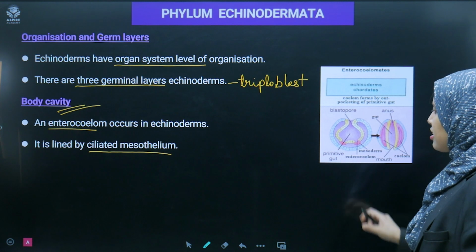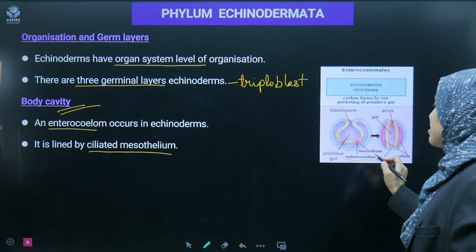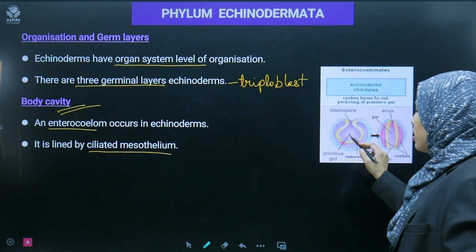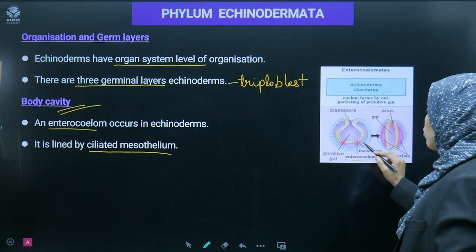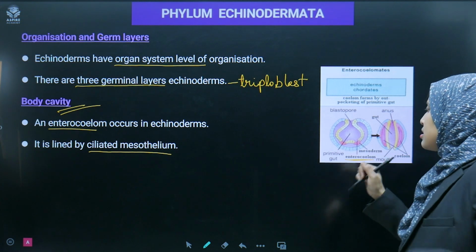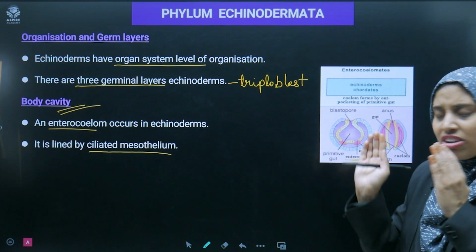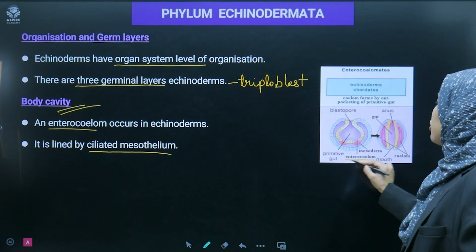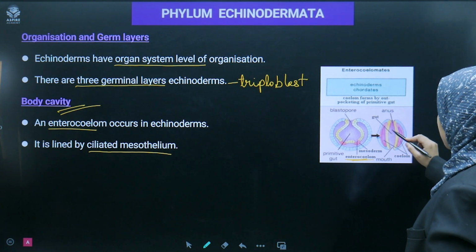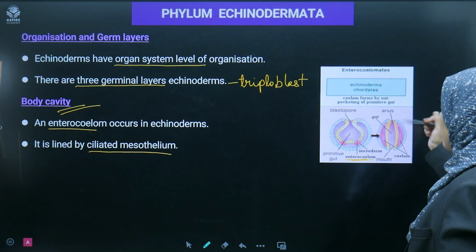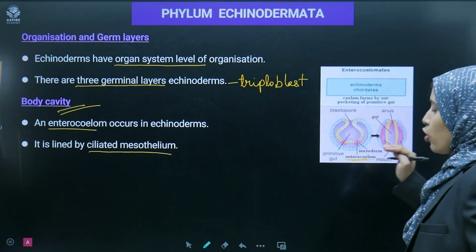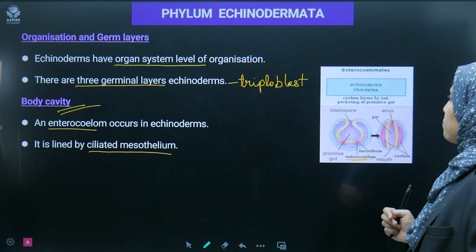The gut region is in the central part, and the cavity is known as the enterocoelom. The coelom is a cavity right next to the mesodermal region. Here also you can see the gut region, the openings, the mouth and the anus, and the coelom, which is a cavity close to the mesoderm.